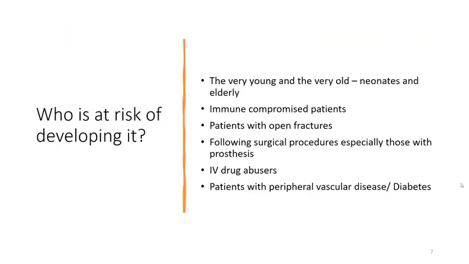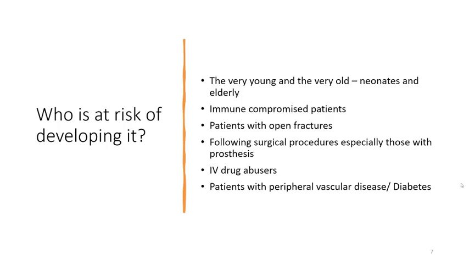So there are some risk groups who get acute osteomyelitis. One is very young and very old people, like neonates and the elderly. Sometimes immunocompromised patients, because immunocompromised patients are more prone to get any type of infection. And patients who have open fractures, exposing their bone to the outside environment, also have a high risk of developing acute osteomyelitis.